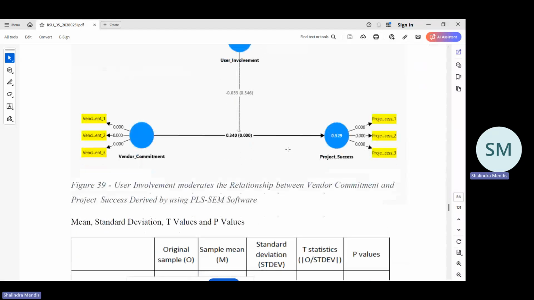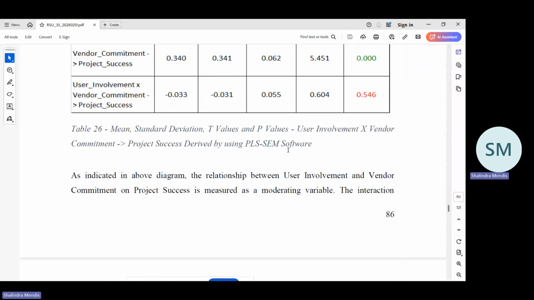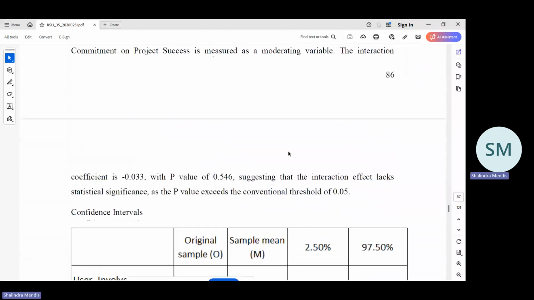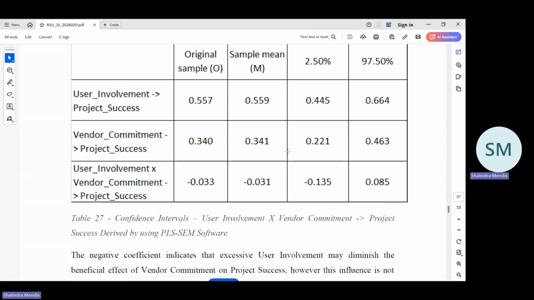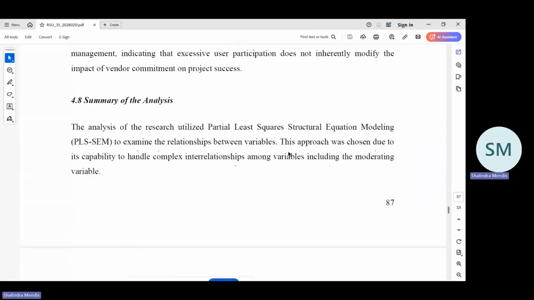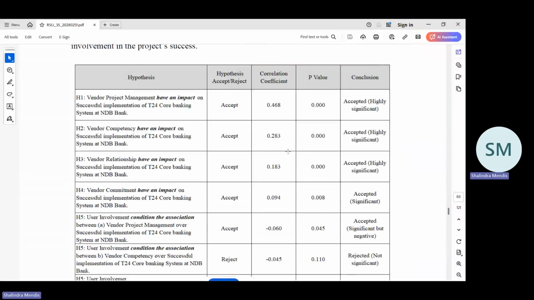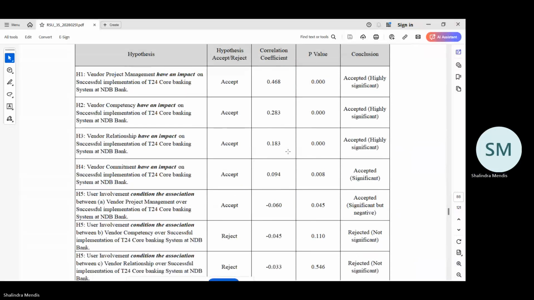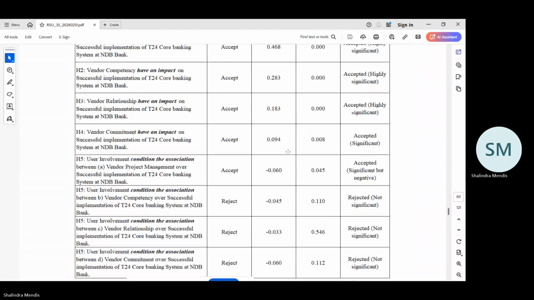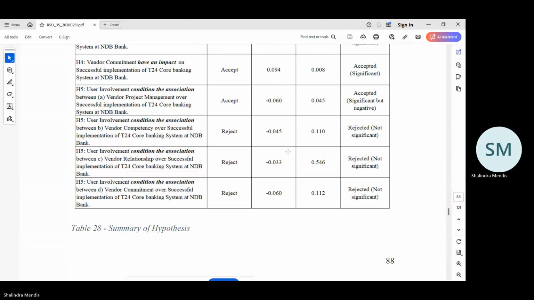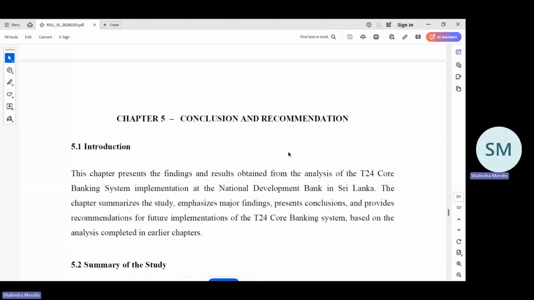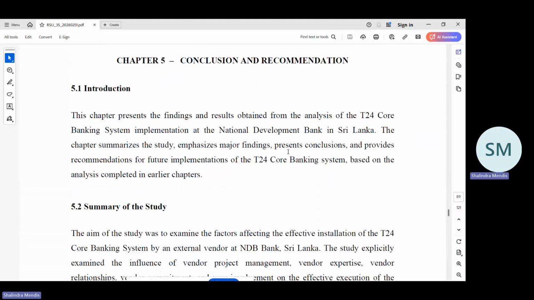Moderating variables and the computations. Summary of the analysis, summary of the hypothesis. Conclusion and recommendation.